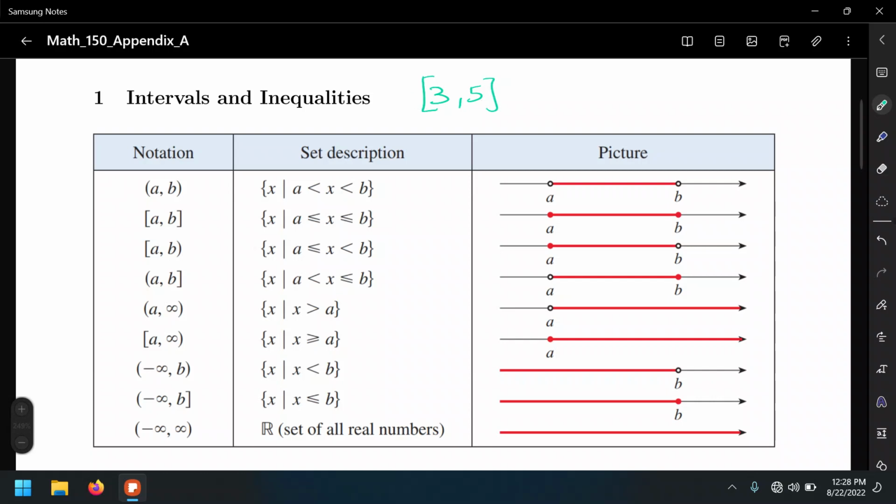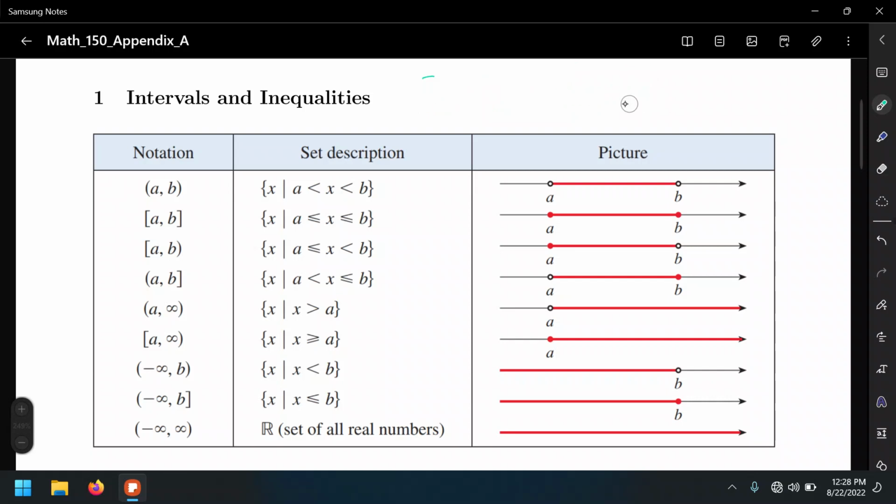Set of numbers between 3 and 5, including the endpoints 3 and 5, right? But what about 4 to 7, in this case with parentheses? A set of numbers between the points 4 and 7, but not including, right? But what if I change one of these to brackets? Yes. Not including 4, but including 7 in this case.